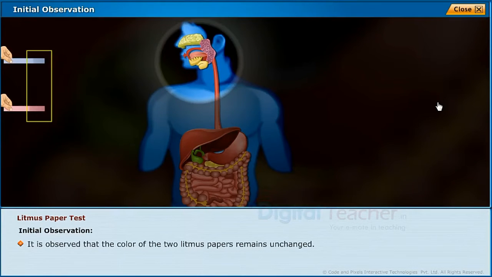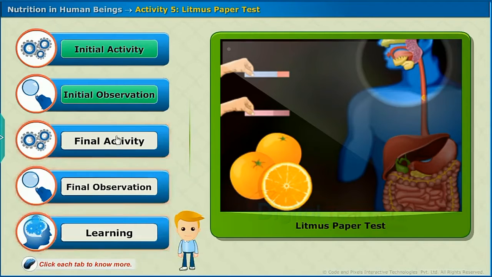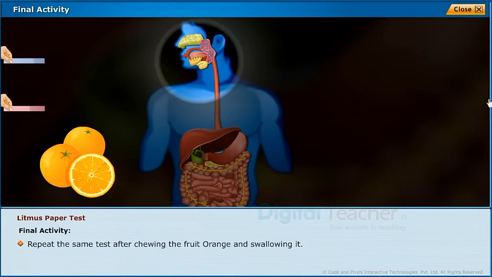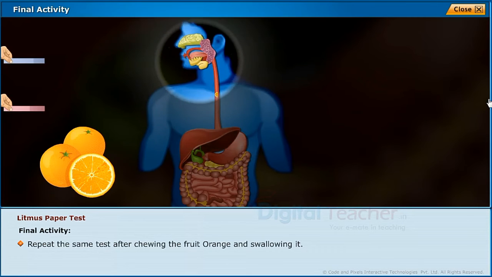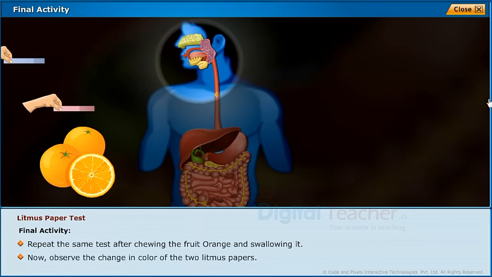Now, let us do an activity to learn about the nature of our saliva after chewing the food. Repeat the same test after chewing the food, orange, and swallowing it. Now observe the change in color of the 2 litmus papers.